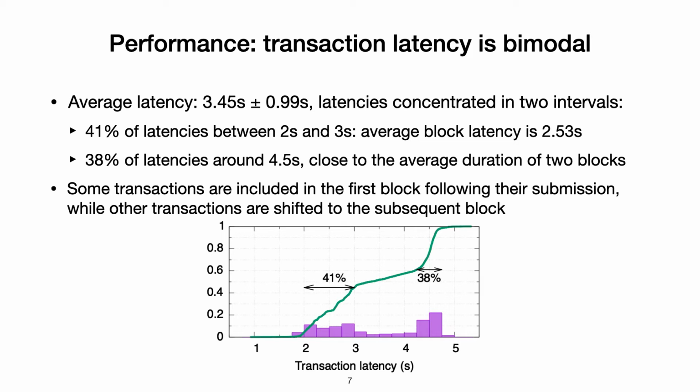If the transaction reaches this validator before it proposes the block, the transaction will be included in this block. Otherwise, the transaction will only be included in the subsequent block. In other words, in our experiments, the mempool protocol was not fast enough to ensure that all submitted transactions are included in the next block. Some of them had then to wait for the subsequent block.